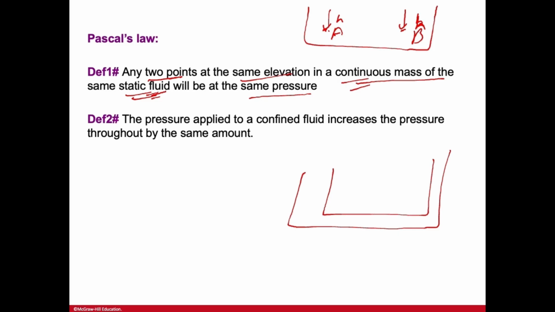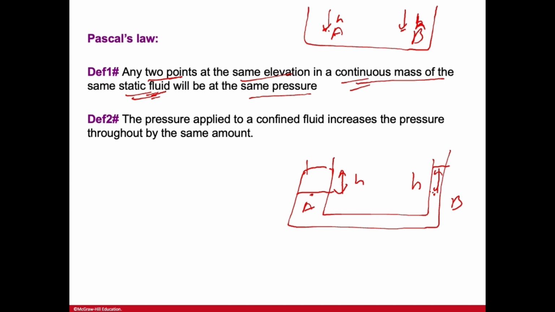Now you can say the same thing about a continuous mass: it does not have to be directly a pool. It can be a pipe, and somehow you are able to compute this height h about this free surface, right? And this acts as your point A, and then you have point B, which is also at the same height h.